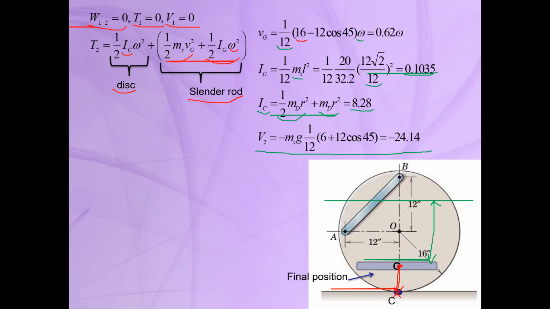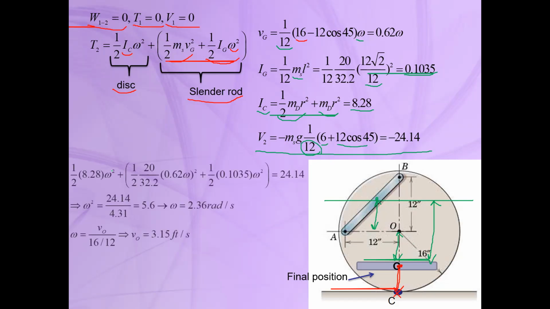This length is equal to 6, and 6 is equal to half of this 12, because this length is in fact 6, exactly at the center of the rod. 6 plus 12 times cosine 45, and plus this length, which is again 12 times cosine 45, and we divide it by 12 because we should convert it into foot. Okay, so this is V sub 2, or the potential energy in the final position.